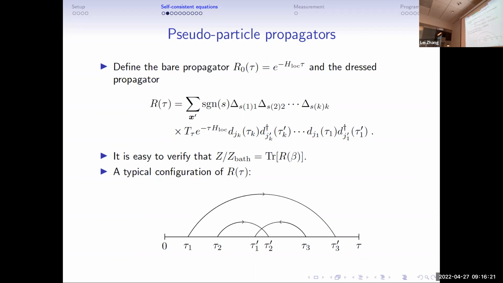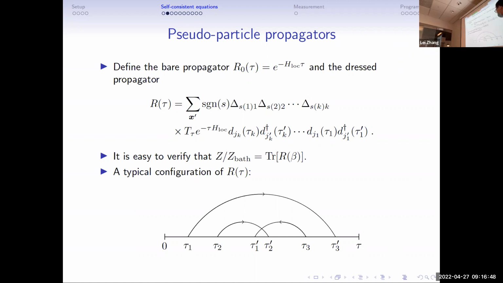And this is a typical configuration of the R tau. This is a third order configuration. We have 3 times, tau 1, tau 2, tau 3 for the Ds, and tau 1 prime, tau 2 prime, tau 3 prime for the D daggers. Tau 1, tau 2, tau 3 are time ordered, and tau 1 prime, tau 2 prime, and tau 3 prime are also time ordered.